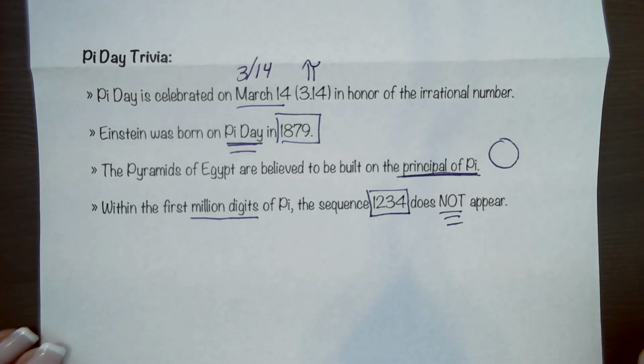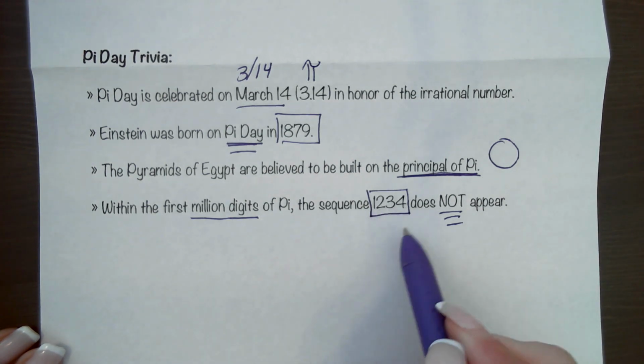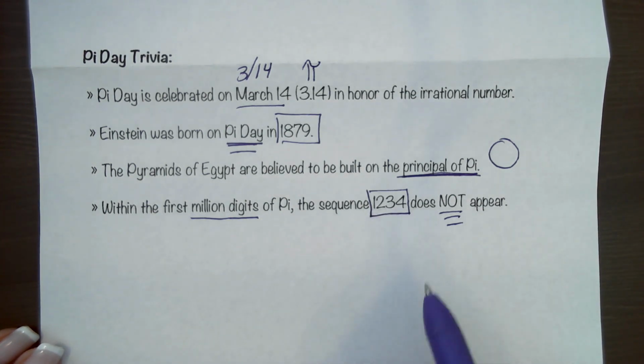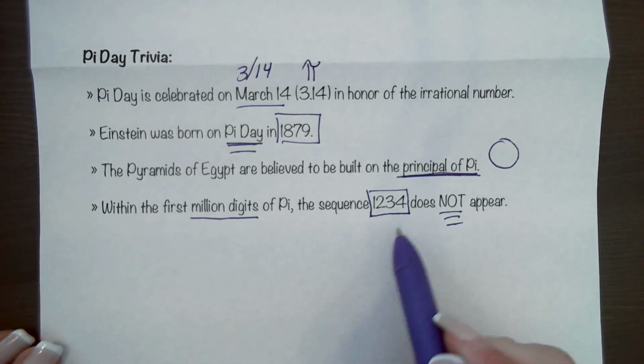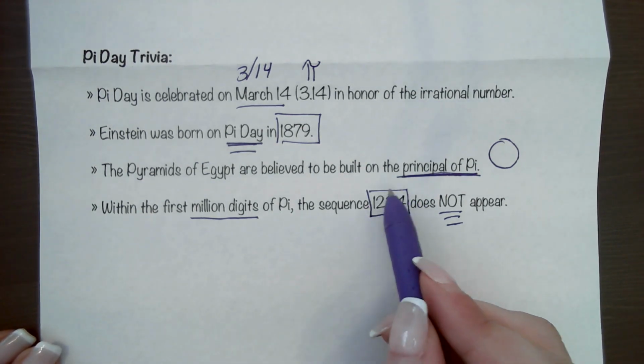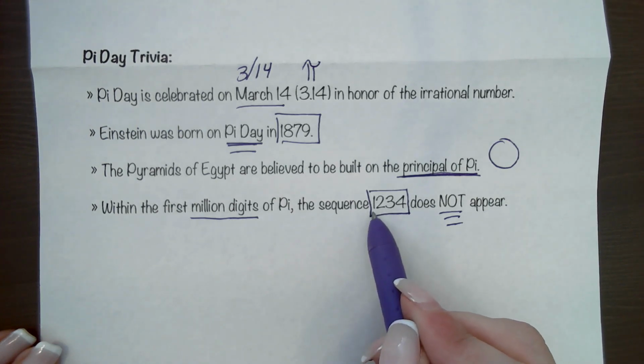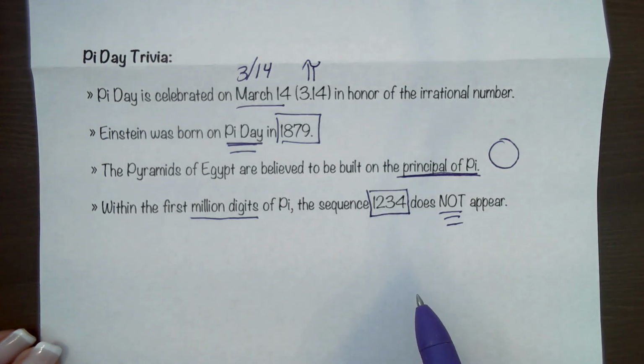That is pretty surprising because out of 1 million digits, there's a good chance that somewhere in that list of numbers, 1, 2, 3, and 4 are going to show up in this order. But pi, being the special number that it is, does not have any occurrences of 1, 2, 3, 4.